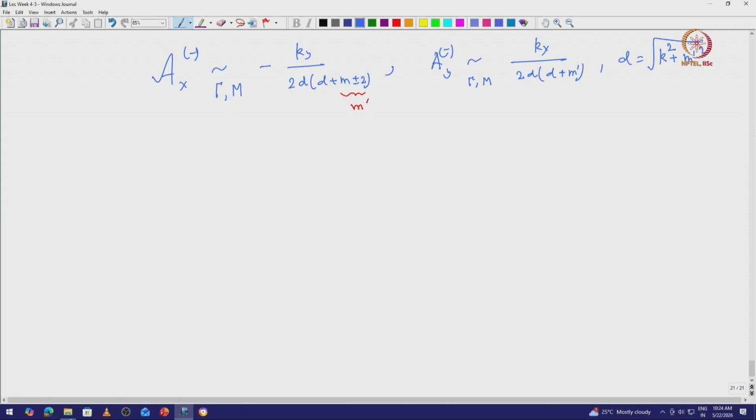Okay. And f xy for the minus band is equal to m prime divided by 2 dq.